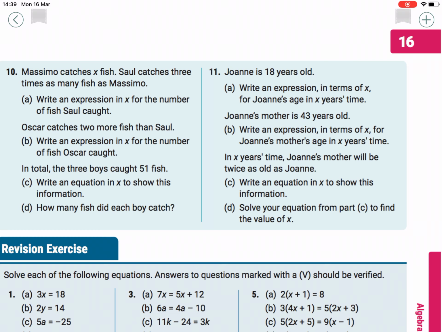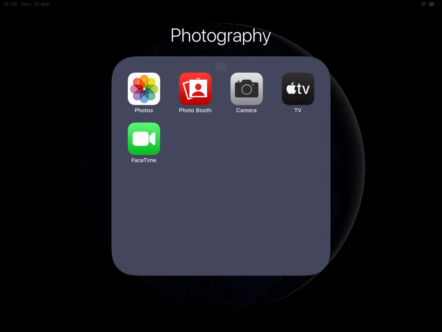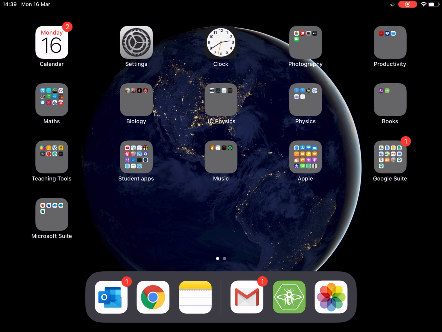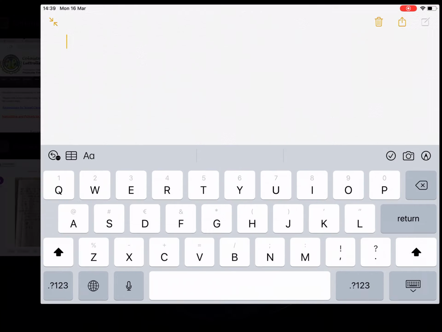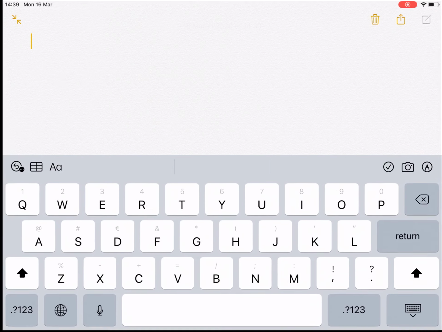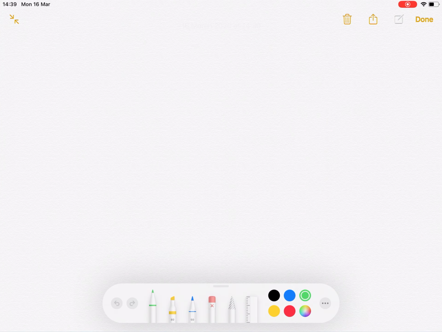Joanna's 18 years old. Write an expression in terms of X for Joanne's age in X years time. So you can imagine Joanne is 18 years old. If she's 18 now, in 2 years time she would be 20, that's fine.